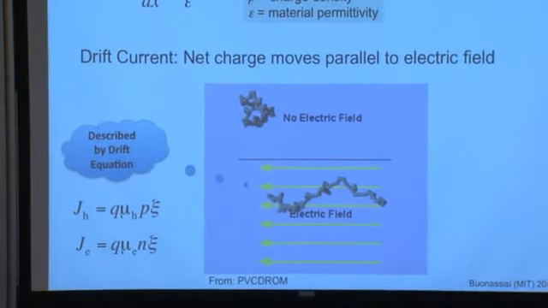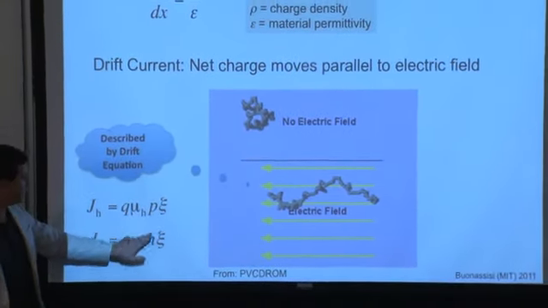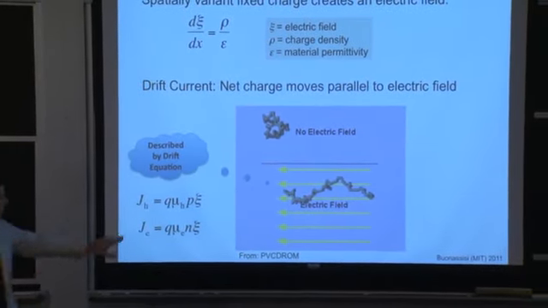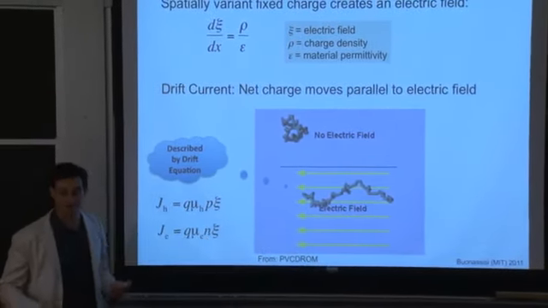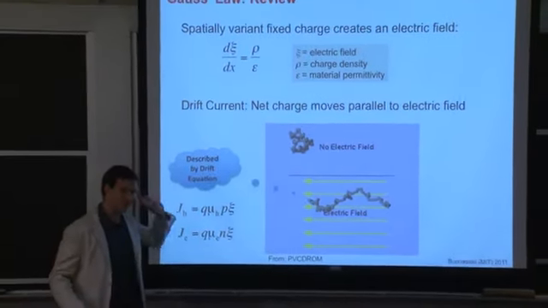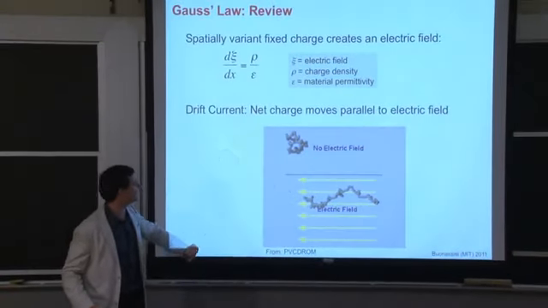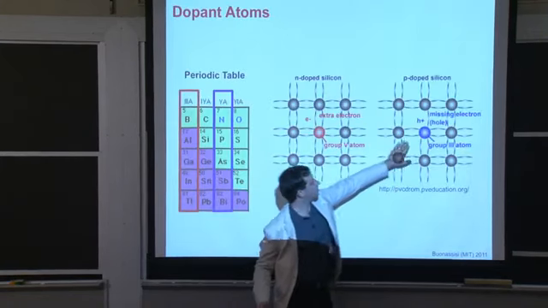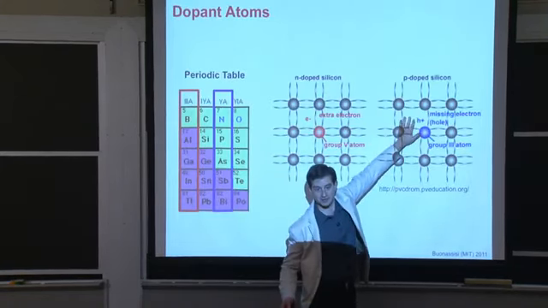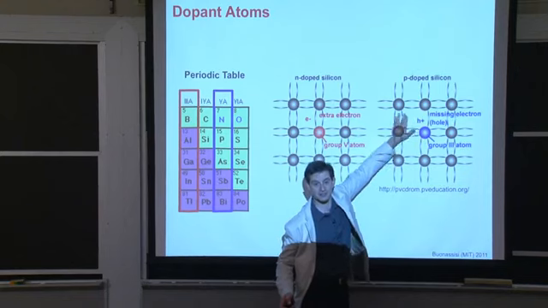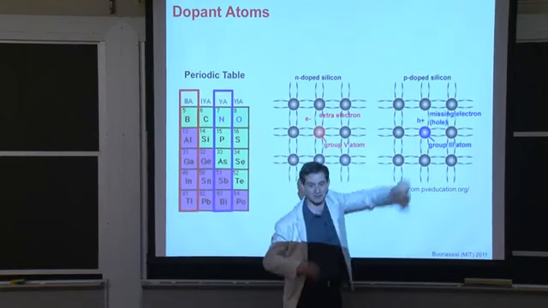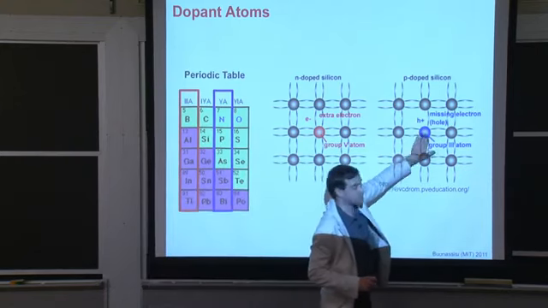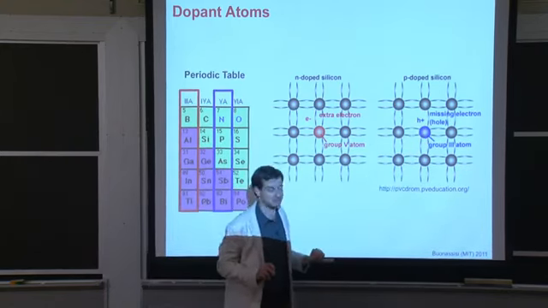Yeah, question? Absolutely. So p and n denote the concentrations of free holes or free electrons, respectively. So you can almost think of p as being synonymous with the density of boron atoms. If every hole is ionized, meaning dissociated from the dopant atom and free to move around the crystal, then the density of holes and the density of boron atoms is going to be almost identical.